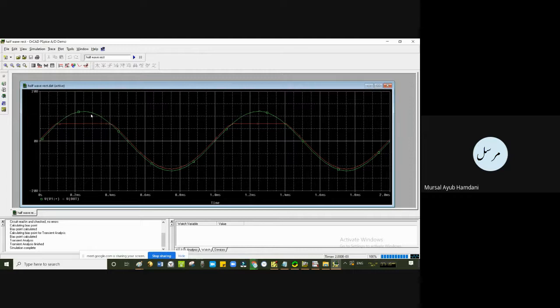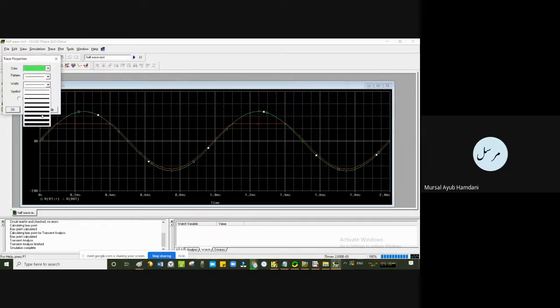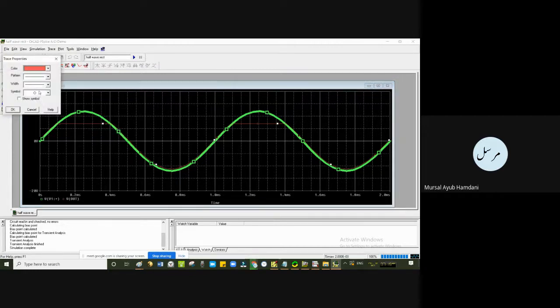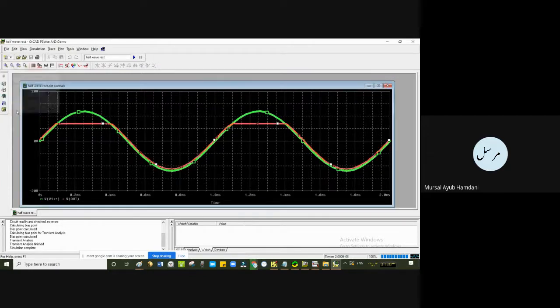So let me make it a little dark. So you can clearly see that it follows it. Some minor changes that are there are this 0.7 value that is there when we assume the short circuit. Okay, so those are the minor changes, and this is 7 volts.